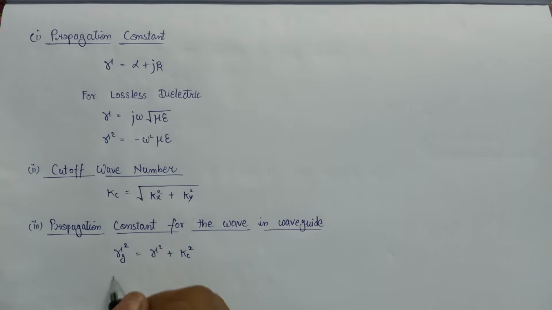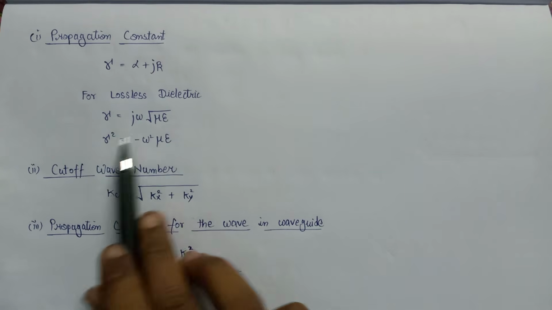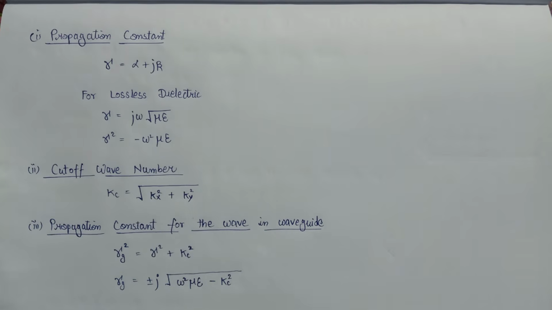And the value of gamma g, that is the propagation constant for the guided wave, is equal to plus minus j under the root omega square mu epsilon minus kc square. This value we get after replacing the value of gamma square by this value. So this is all about the three parameters that are associated with the wave equation.